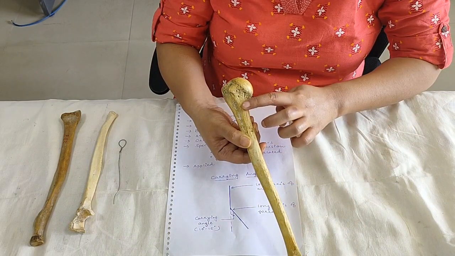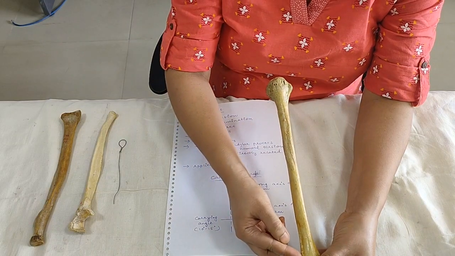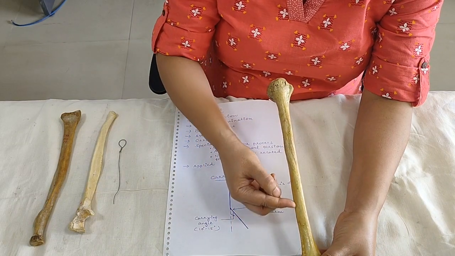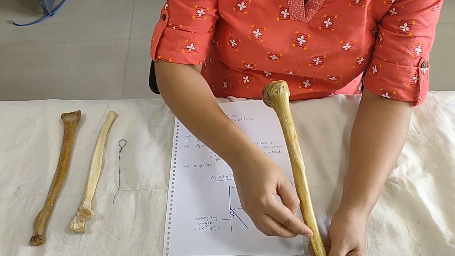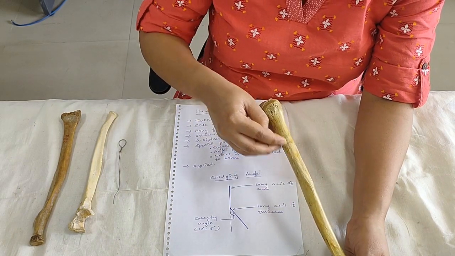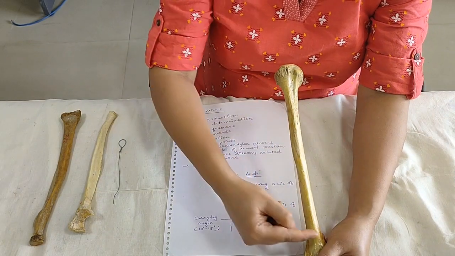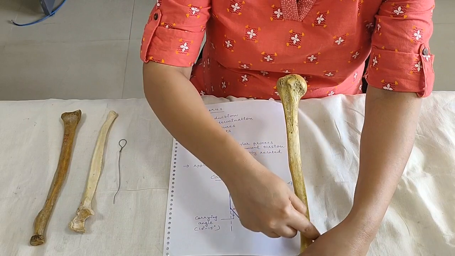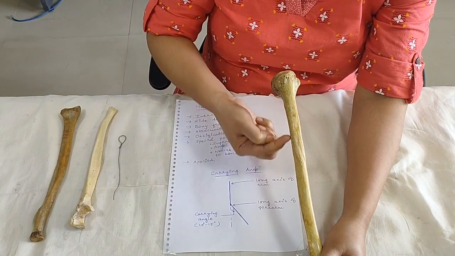We can see medial border here, and this lateral supracondylar ridge, it is extended upwards as lateral border like this, but this border becomes rounded in upper portion. So these are the 3 borders: anterior border, medial border and lateral border.